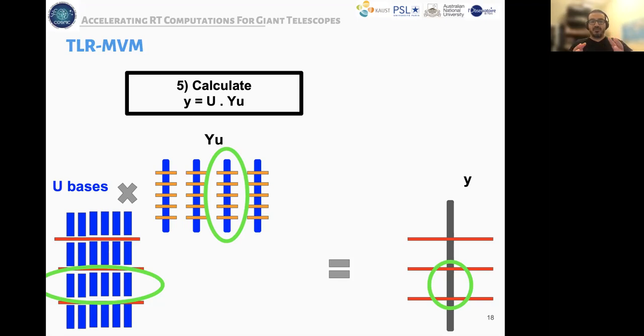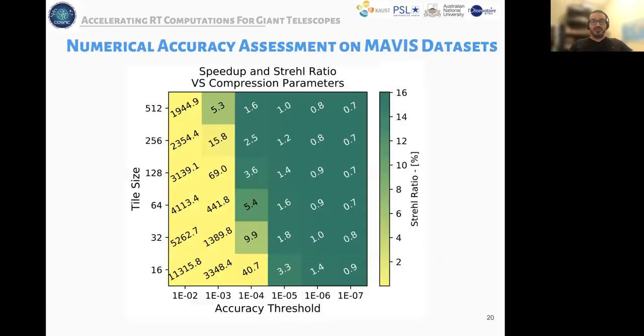So we go from a dense matrix vector multiplication with a single call to level 2 BLAS to a series of batch matrix vector multiplications to leverage the tile low-rank data structure. And all this relies on batch matrix vector multiplication calls with variable sizes, because the ranks that are captured for each of those tiles may be different from one tile to another.